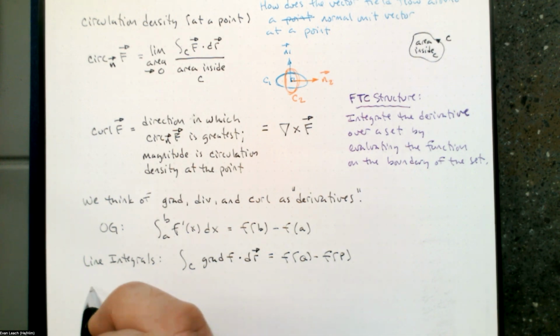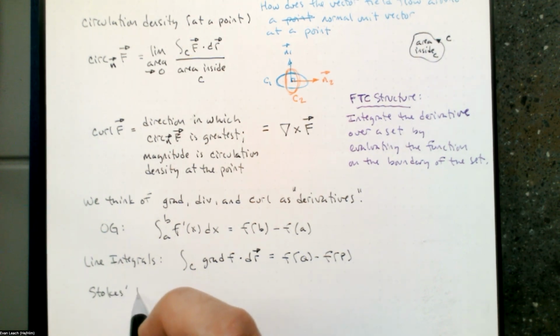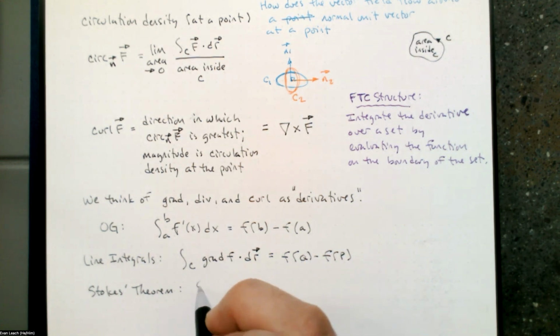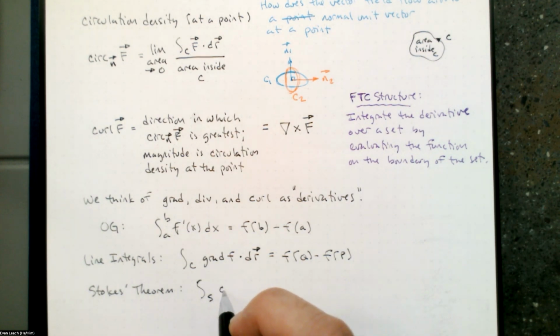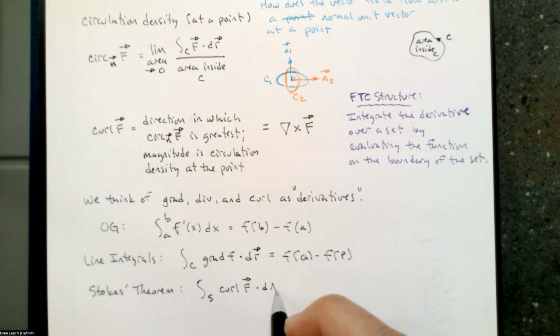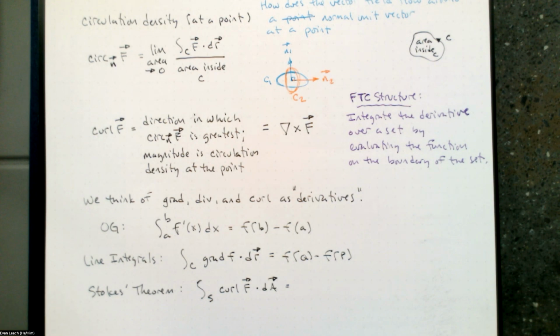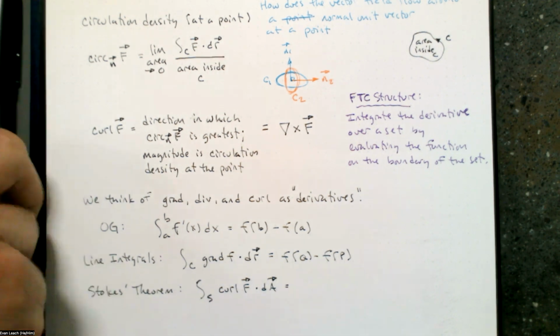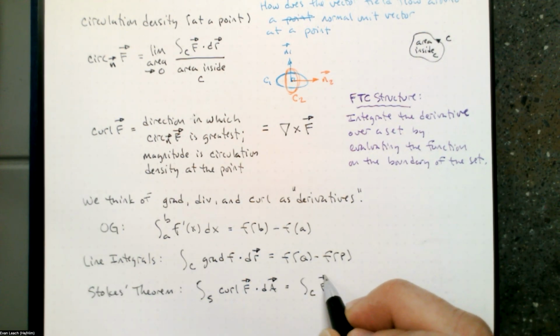So we also have Stokes' theorem. The derivative that's involved in Stokes' theorem is this curl derivative. If we integrate over some surface S the curl of a vector field, we evaluate the vector field at the boundary of the surface.